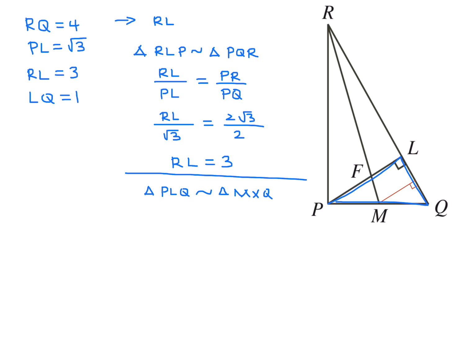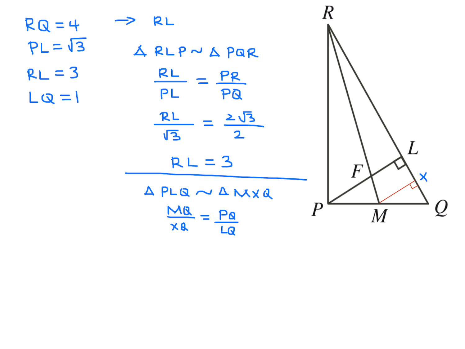PLQ is this guy right here, and MXQ is right here. And I'm labeling this X right there, that point that I just drew the line to. And therefore, the ratio of the sides will be the same. So I've got MQ over XQ is equal to PQ over LQ.